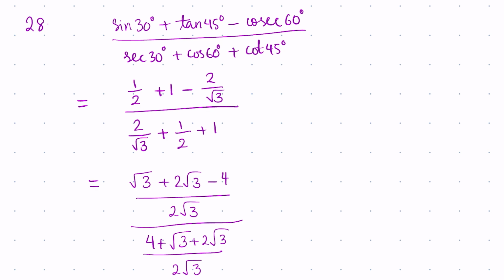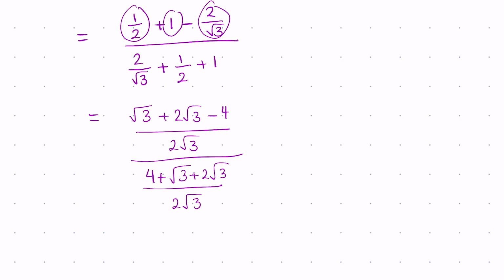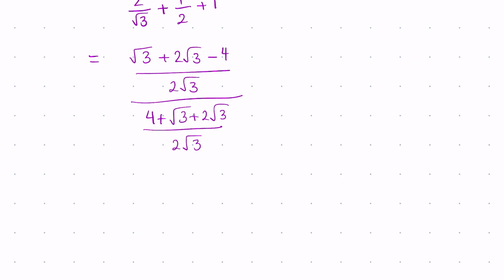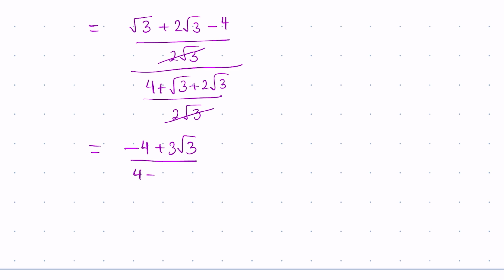Yeah, I chose to combine all the 3 at once, but you could do 1 by 2 plus 1. That will give you 1.5 and then minus this term. This is where a lot of people make mistakes, so be careful. This can be rewritten as minus 4 plus 3 root 3, this gets cancelled, divided by 4 plus 3 root 3.